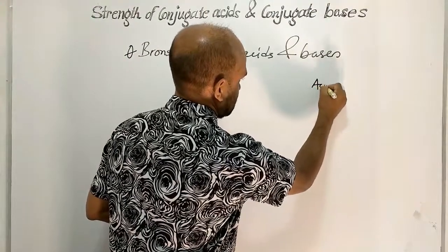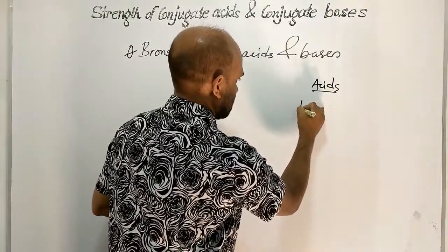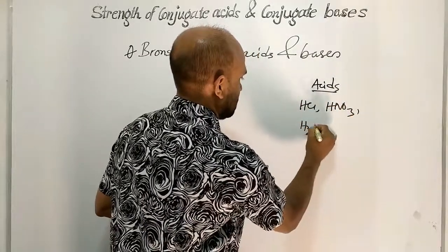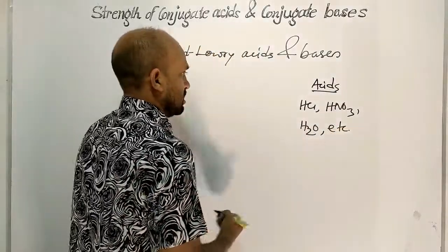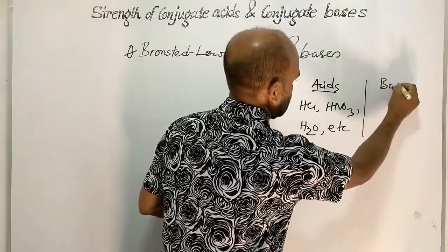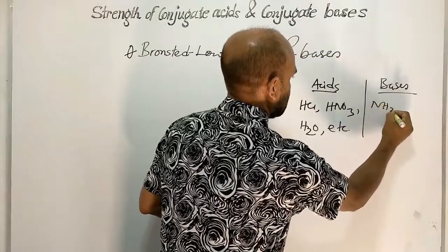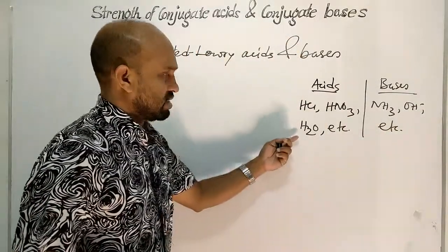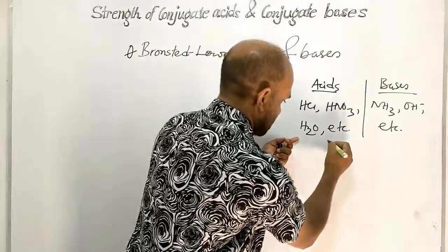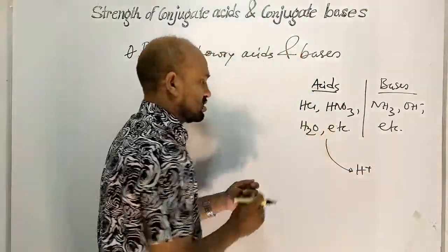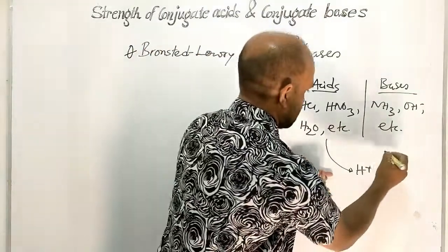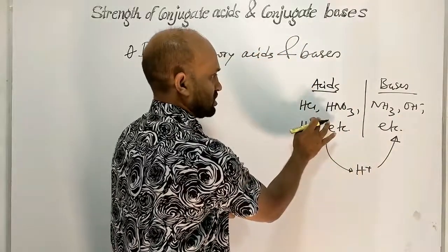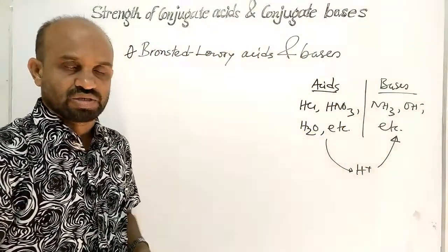Bronsted-Lowry acids are hydrochloric acid, nitric acid, water, etc. And Bronsted-Lowry bases are ammonia, hydroxide ion, etc. The hydrogen containing compounds that can donate protons are called Bronsted-Lowry acids, and the compounds that can accept protons produced from Bronsted-Lowry acids are called Bronsted-Lowry bases.